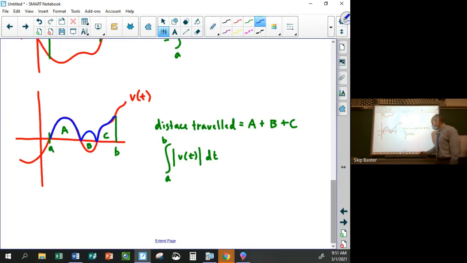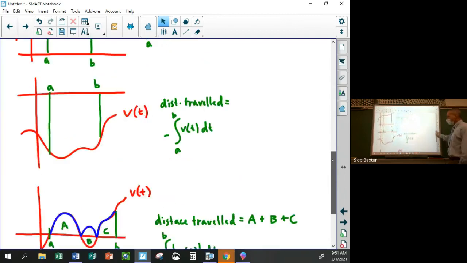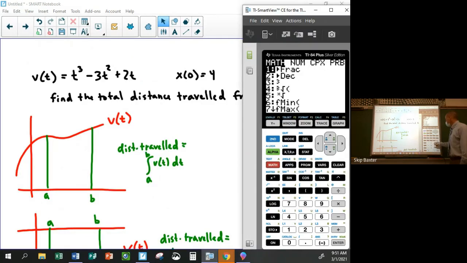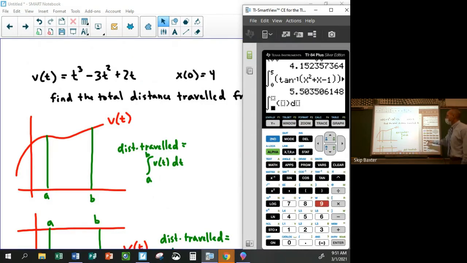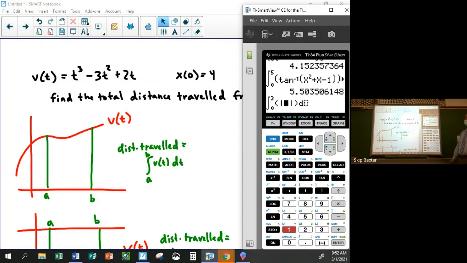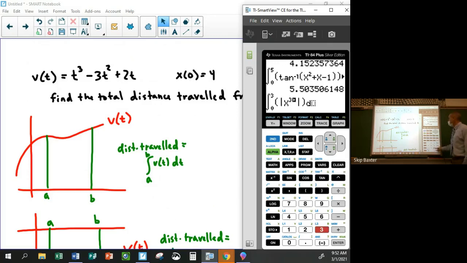You could just take the integral, like in this problem here. I could just take the integral, Math 9, from 0 to 3 of the absolute value of that function. So I could do math num absolute value of x cubed minus 3x squared plus 2x dx.